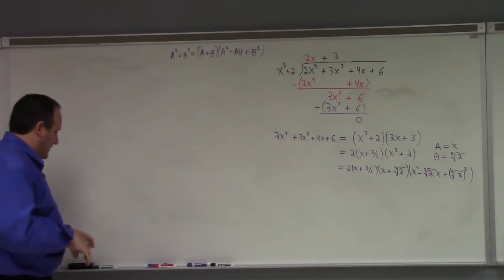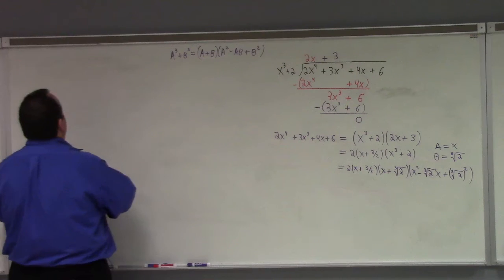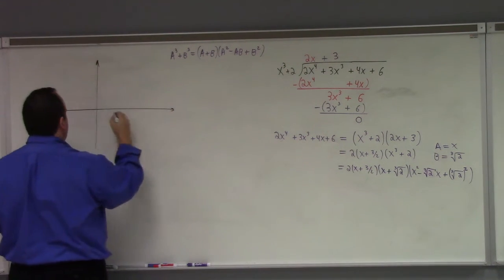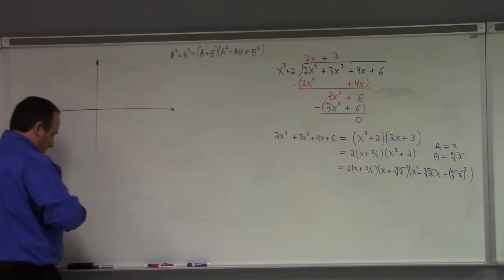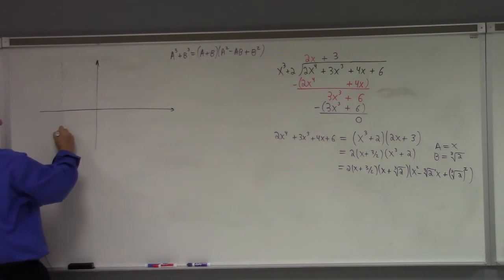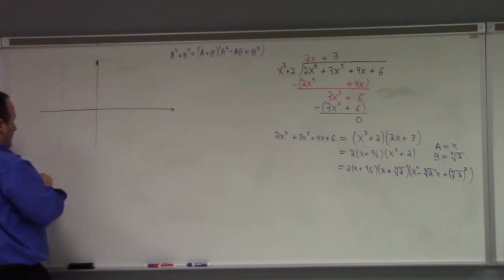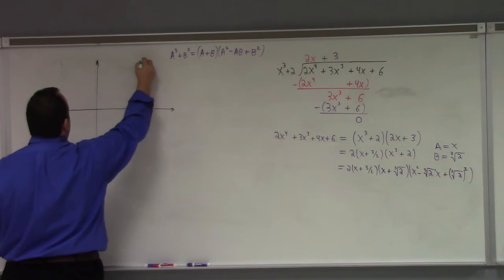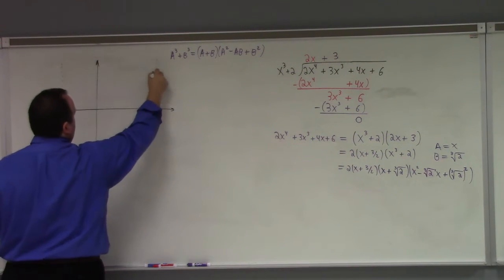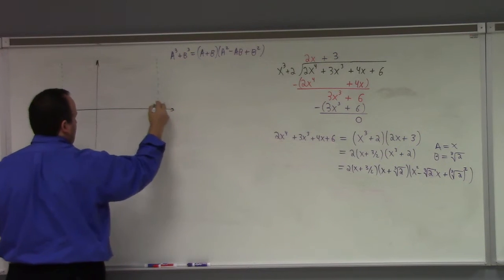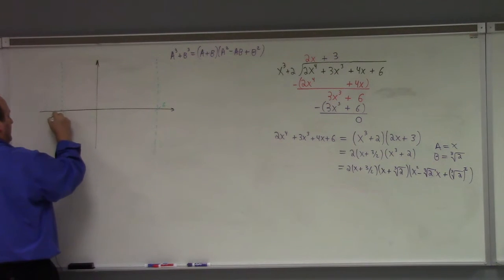So let's see here. What I think I did in the other one was something kind of like this. I'll put this one over here at 6, and I'll put this at -4.